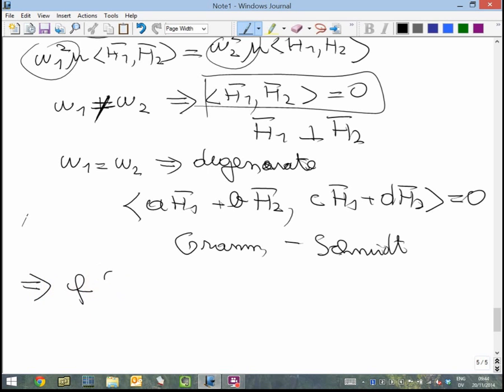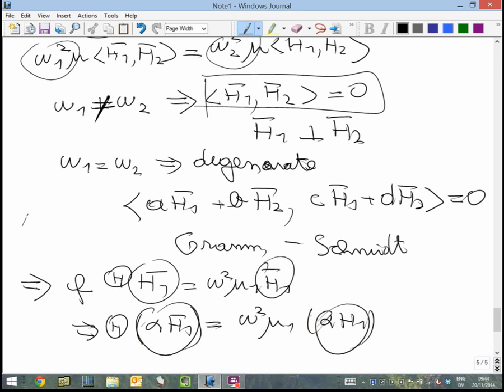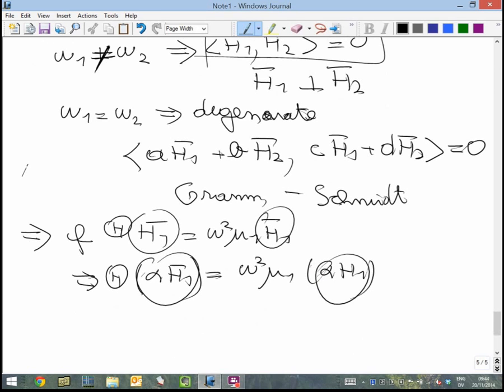If we have a solution, so if we have theta h1 equal to omega mu1 h1, then of course we can write that theta alpha h1 is equal to omega mu1 alpha h1. So if we have a certain eigenfunction h1, then also alpha h1 is an eigenfunction. Same thing with eigenvectors in linear algebra. If you have an eigenvector, you can multiply it with any constant and you still have an eigenvector.